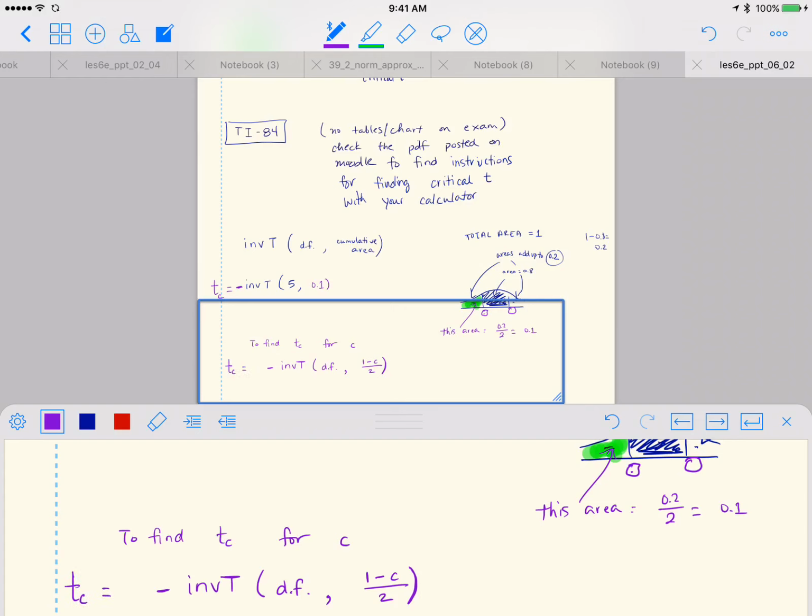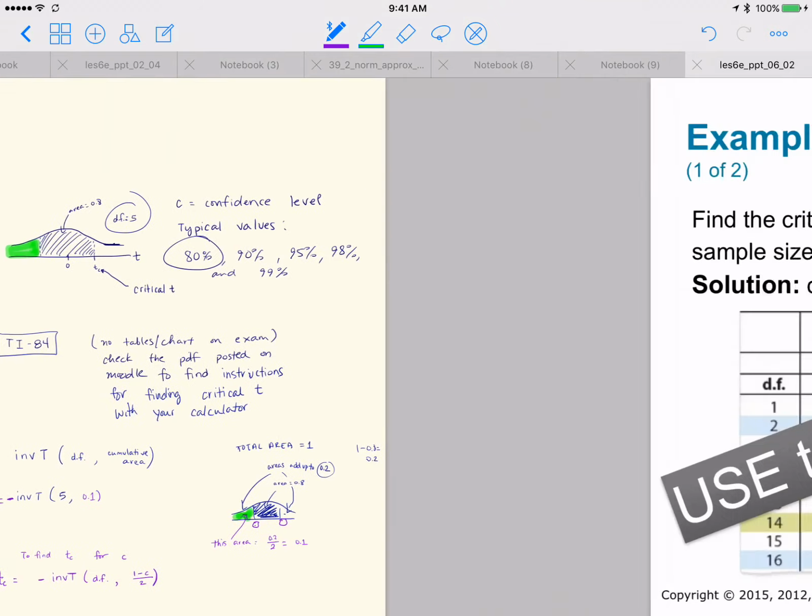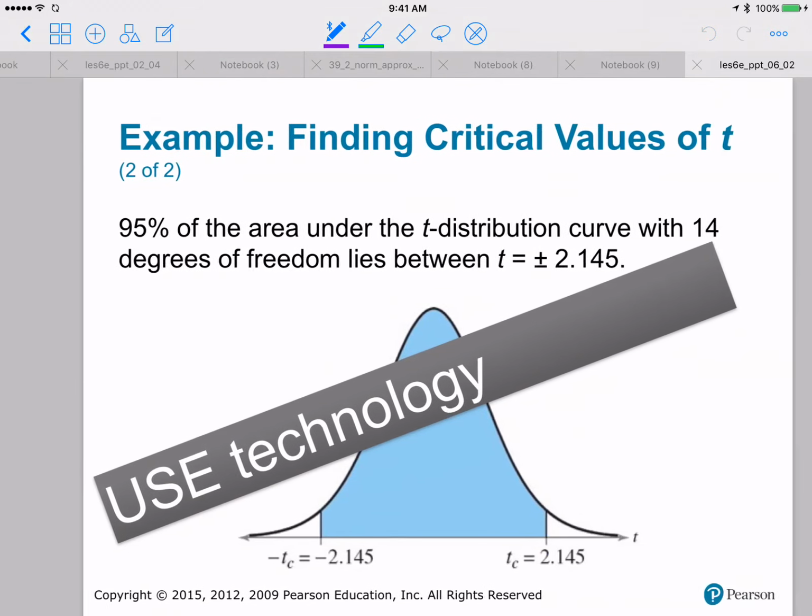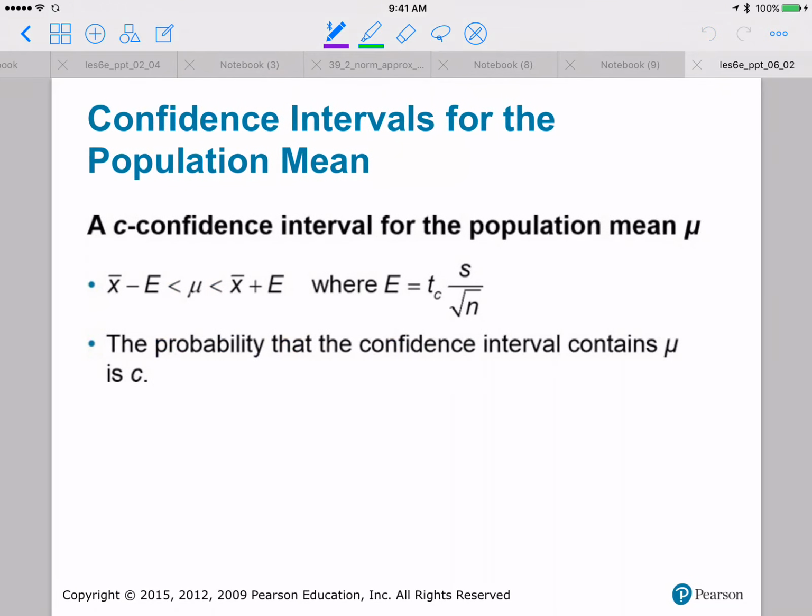Right, because you want your critical value to be a positive number, because the critical value is going to give us our formula for margin of error. So the formula for margin of error that we use, this is for when sigma is unknown, right? So sigma is unknown. This is what this entire section, I wrote mu, I mean sigma is unknown.